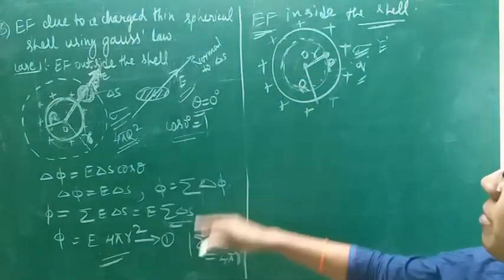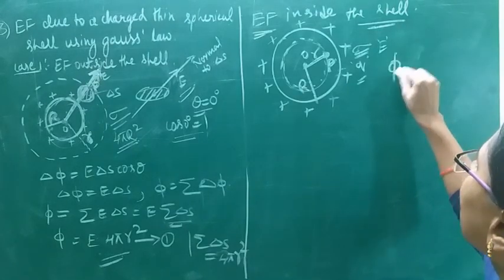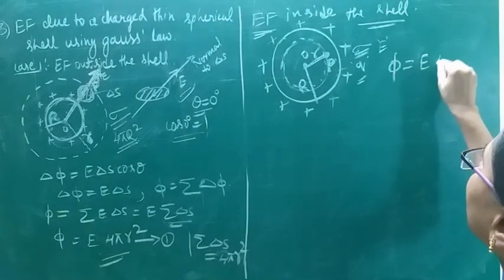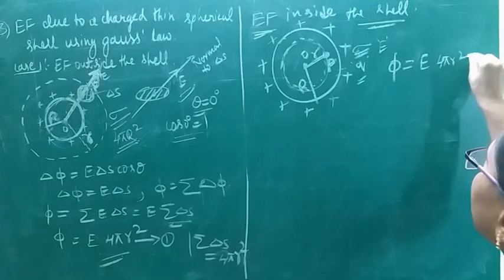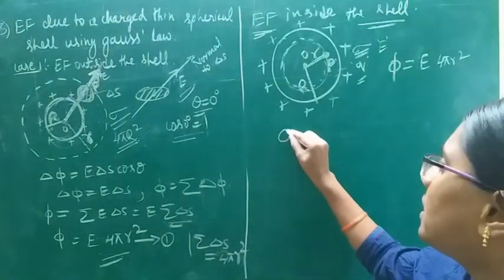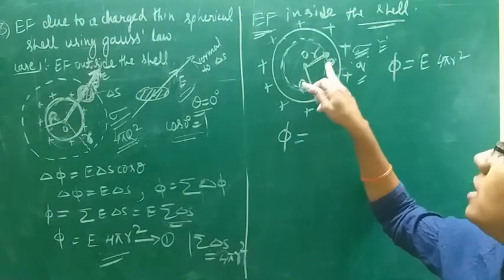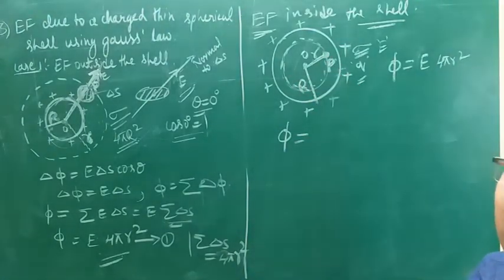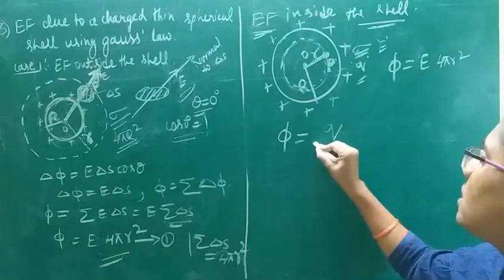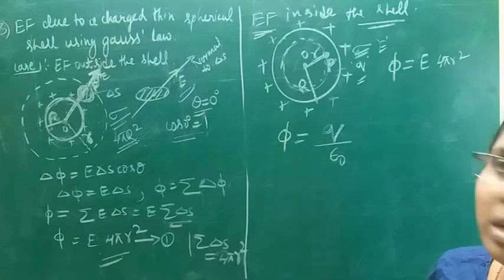Therefore, by referring to equation 1, we write the flux due to this Gaussian surface as E into 4 pi r square. Now, in order to apply Gauss law, the flux due to this spherical shell at any point inside is given by the net charge enclosed by that surface divided by epsilon naught.